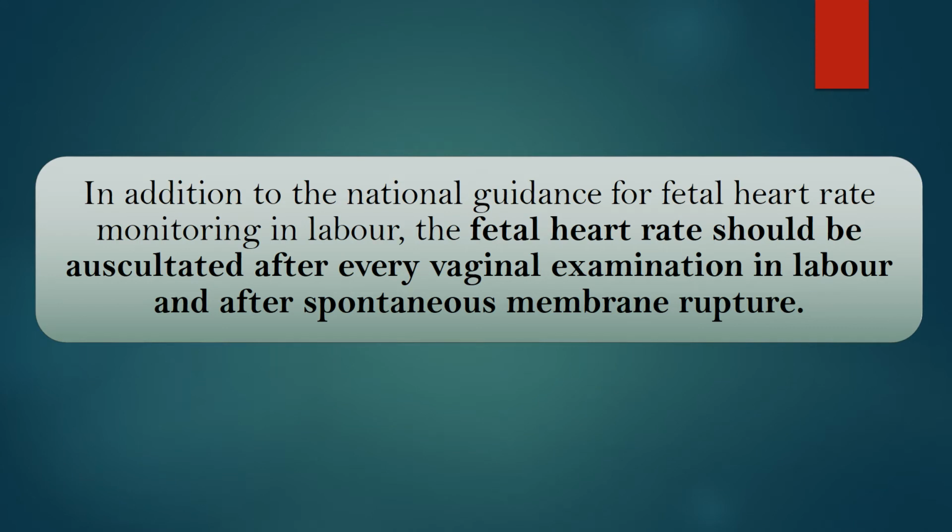In addition to the national guidance for fetal heart rate monitoring in labor, the fetal heart rate should be auscultated after every vaginal examination in labor and after spontaneous membrane rupture.